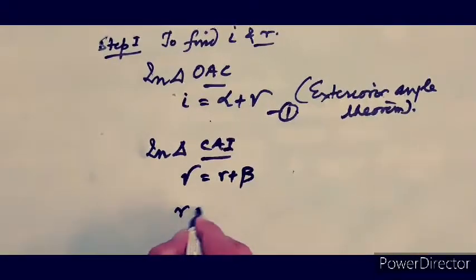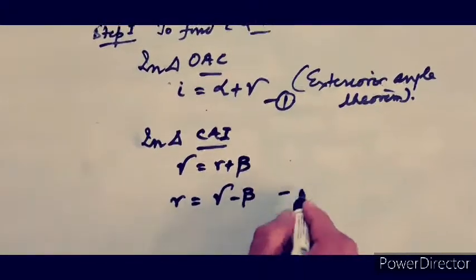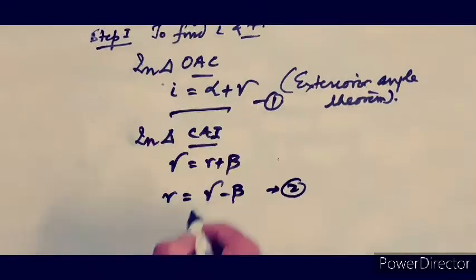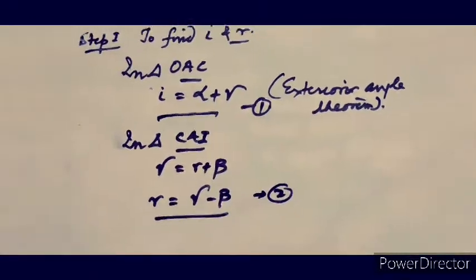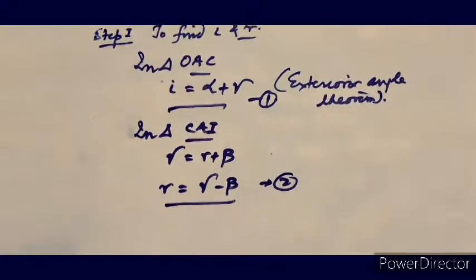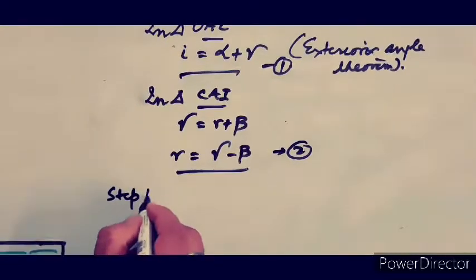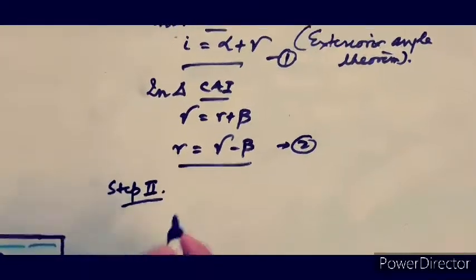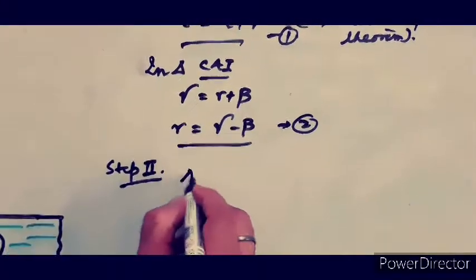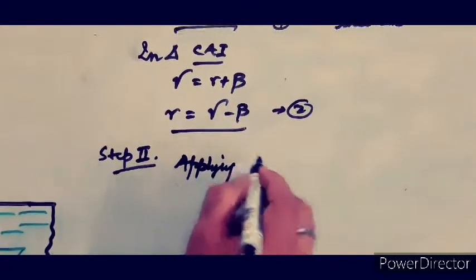So r is equal to gamma minus beta. Give it equation number 2. This is equation 1 and equation 2. This is step 1. Now after finding the values of i and r, we come to step 2. What we have to do is apply Snell's law.